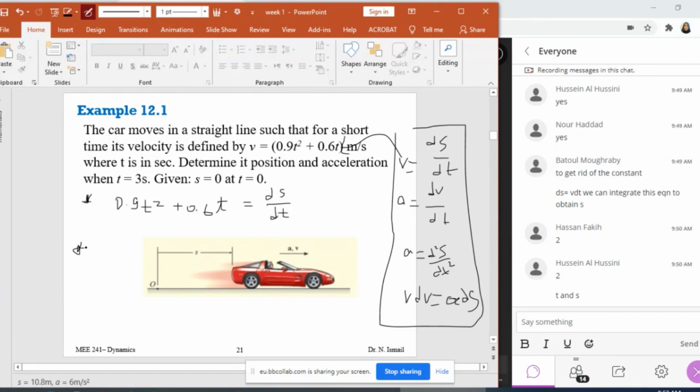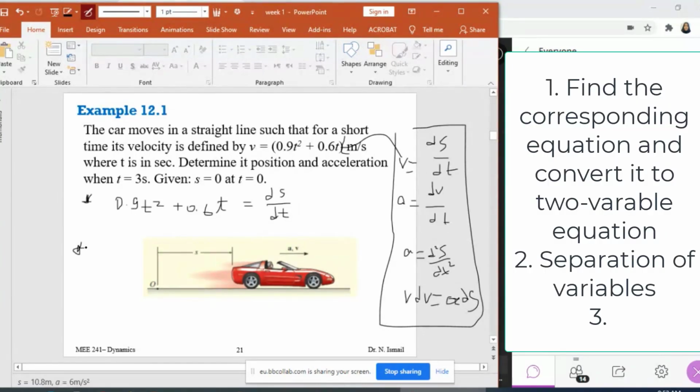is basically to do the separation of variables. What does this mean? I should put all the variables that are similar on one side of the equal sign. For example, here I have an equation with respect to t, so I'm going to move this dt to this side, because they have the same variable.